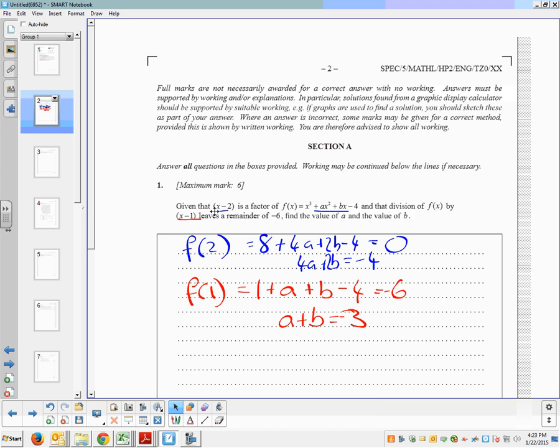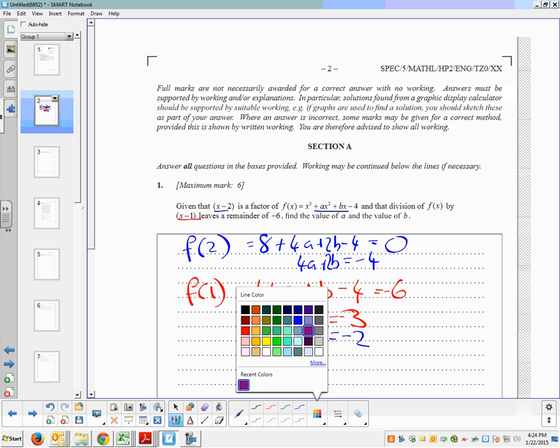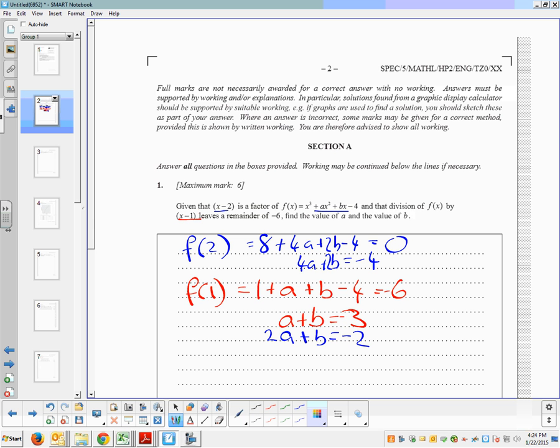And that gives me two equations. The red one, a plus b, is minus 3. And simplifying the blue one down, 2a plus b equals minus 2. So subtracting blue minus red, it was purple, I guess, gives me a equals minus 2 minus minus 3, which is 1.